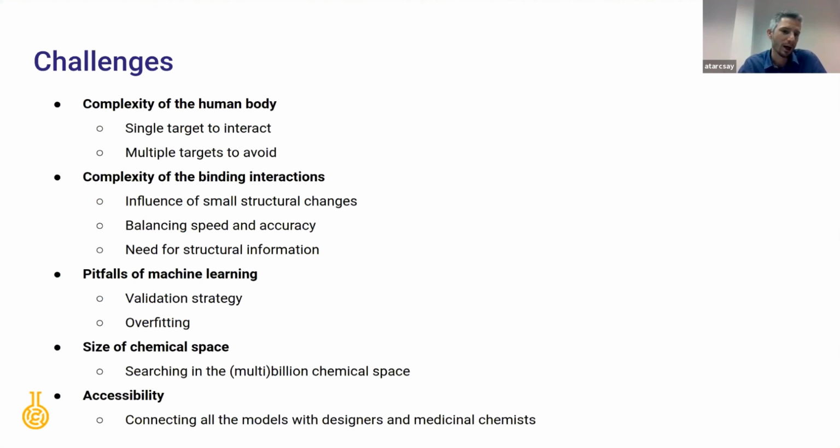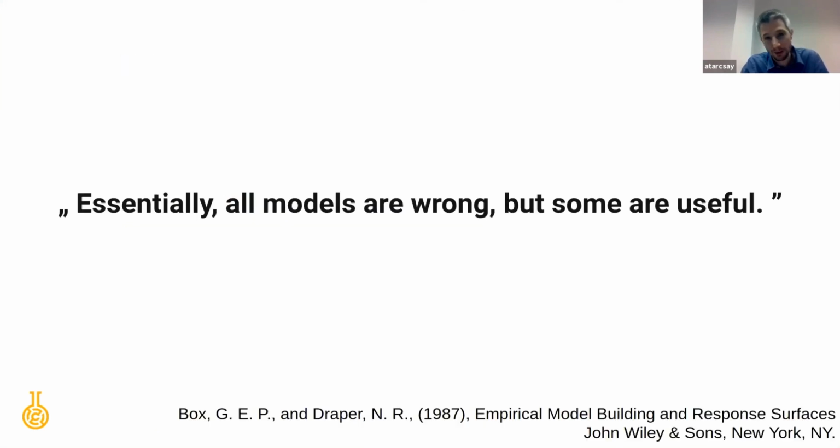And the last is how all of these bits and pieces of the models are projected and connected for the designers and medicinal chemists so that they can consume these services, they can utilize the predictions. So there are a lot of challenges and opportunities in this field, and I hope that you could follow my thoughts mainly. And the last slide is essentially: all models are wrong, but some are useful.